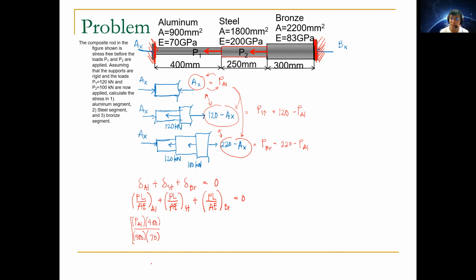So I used GPa so that the force is in newtons, rather than kilonewtons. So this time my P in the steel will be represented by this formula. So in terms of AL, instead of solving 3 unknowns, I might as well solve for PAL, the force of aluminum, directly.